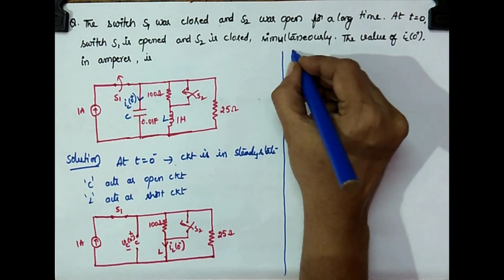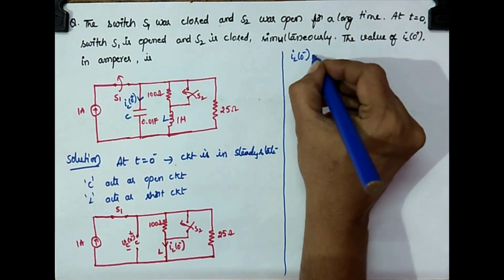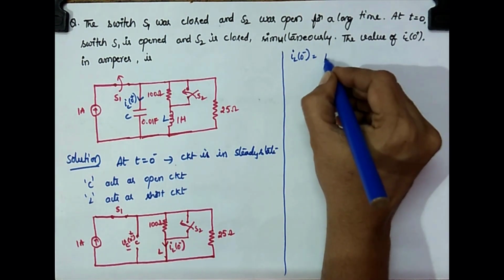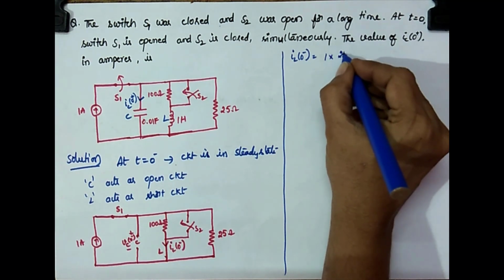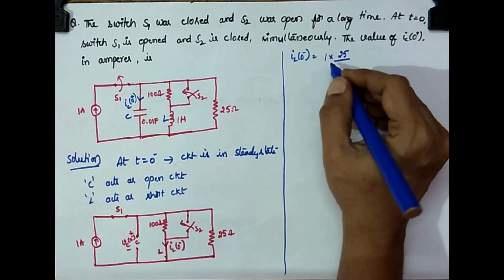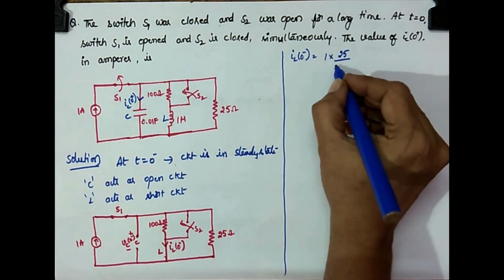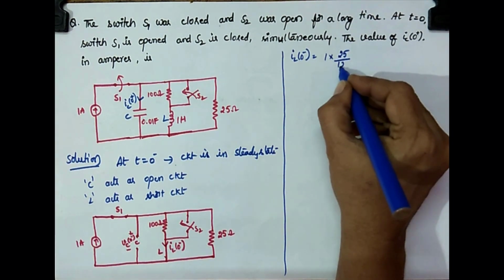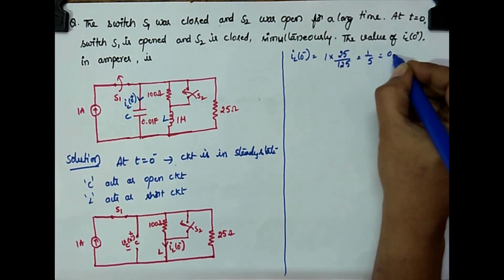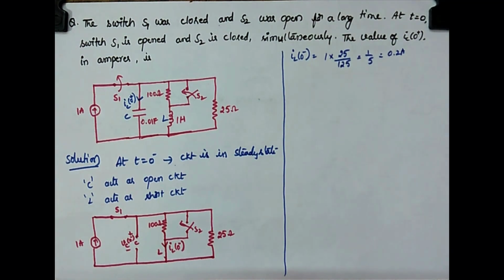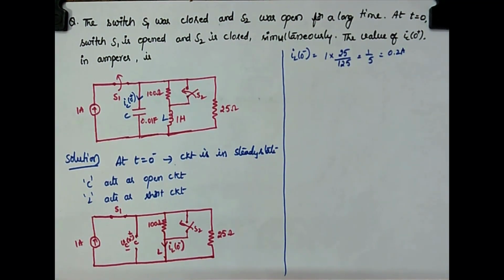IL(0-) is equal to the total current 1 times the opposite branch resistance, that is 25, divided by the total resistance 100 plus 25, that is 125. That is 1 by 5, that is 0.2 amperes. This is IL(0-).